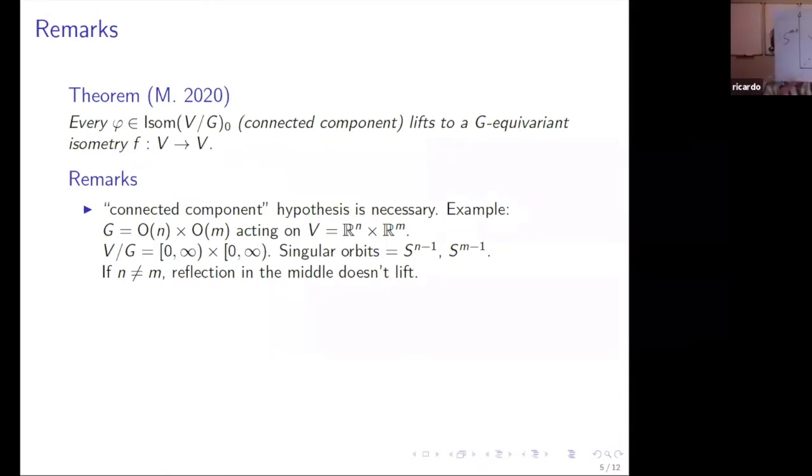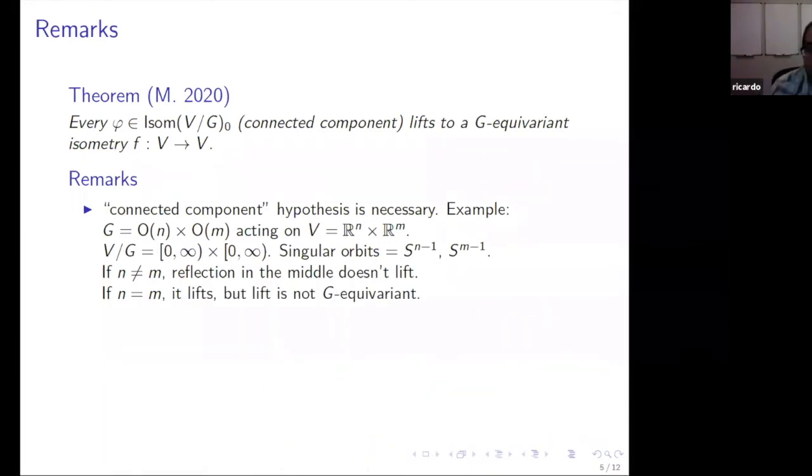The reflection across this y equals x line is the only non-trivial isometry of this quotient, and it cannot lift if n and m are different, because if it lifted, it would be an isometry of the sphere that sends some (n-1)-dimensional sphere to an (m-1)-dimensional sphere. If m and n are different, you obviously cannot have that.